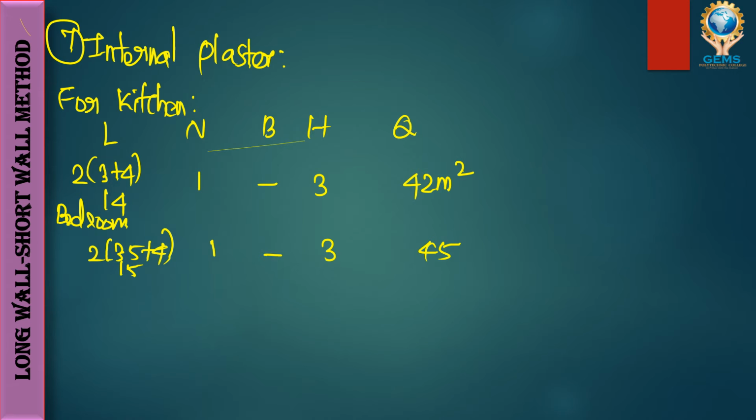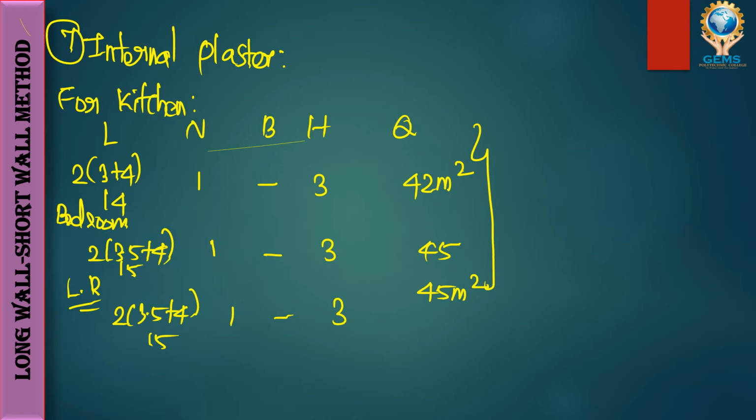The dimension for the living room is also the same, so the same procedure, we will get quantity equal to 45 meters square. 2 into 3.5 plus 4 equal to 15, then 1, 3. So we will get 45 meters square. So these are the quantities. So the total quantity we will get is 132 meters square.